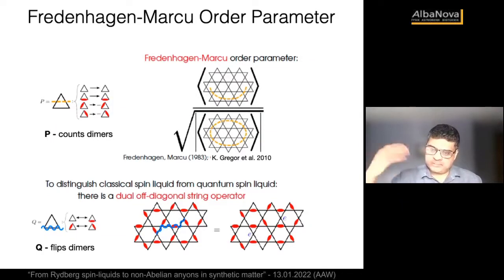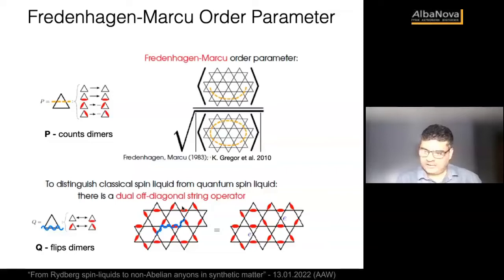And you do it many times, so you collect statistics. So from those statistics, you can evaluate the expectation value of these operators, at least the ones that are diagonal in the same basis as where you do the measurement. Okay, so at least one of these loop operators you can directly measure. It turns out that's not enough to completely characterize the quantum spin liquid.